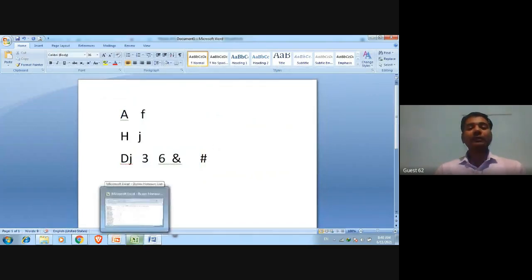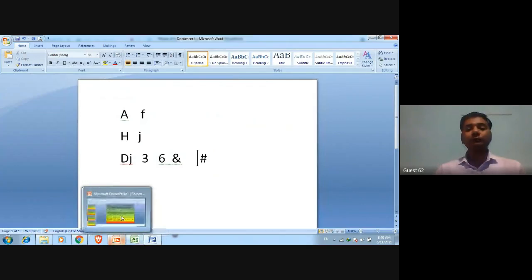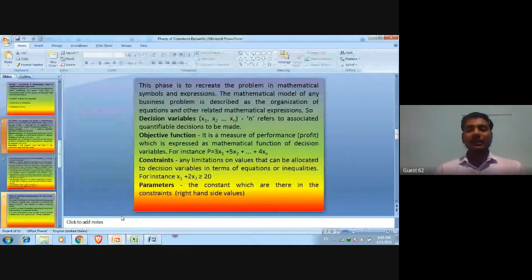The mathematical model of any business problem is described as the organization of equations and other related mathematical expressions.